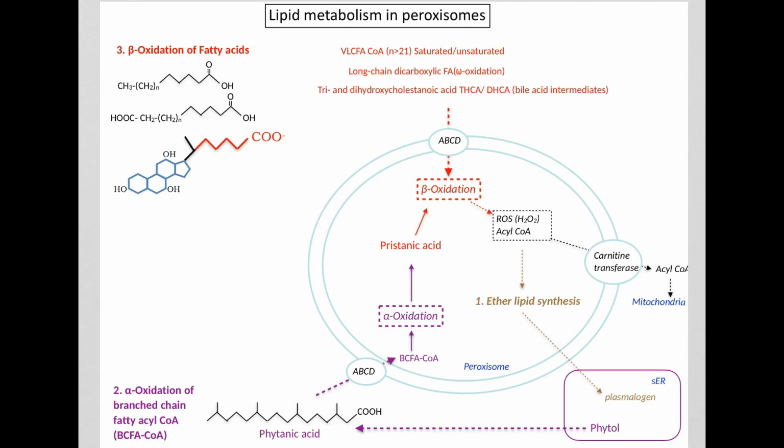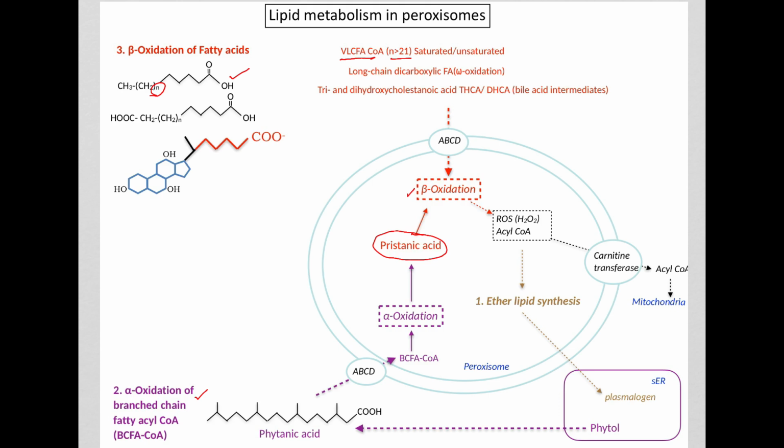We'll also discuss the beta-oxidation in peroxisomes not only for pristanic acid, which comes from the branched-chain fatty acids, but also for very long-chain fatty acids, where the N number is greater than 21.